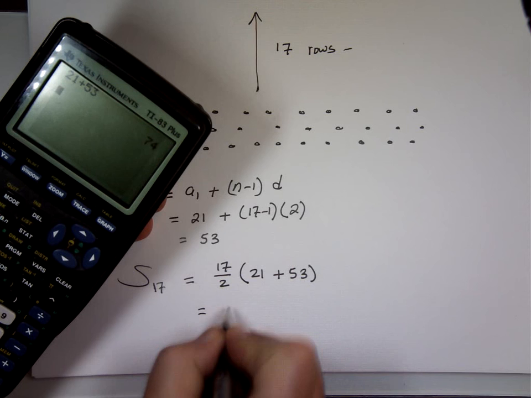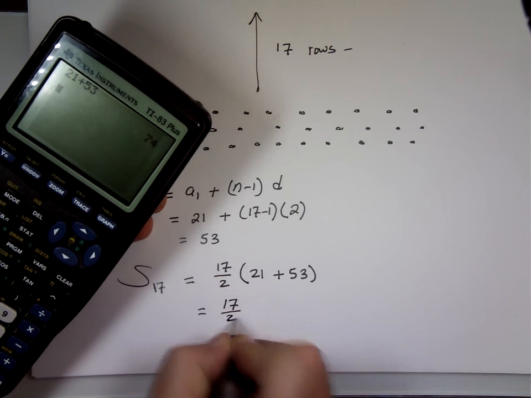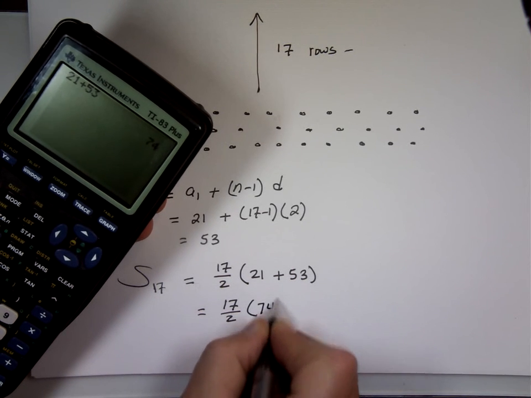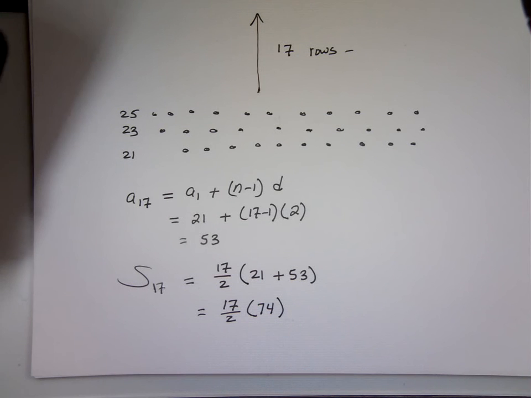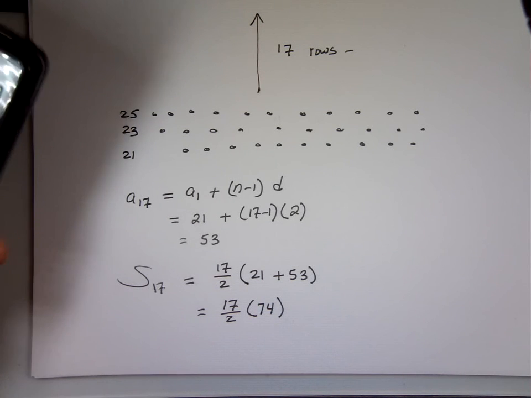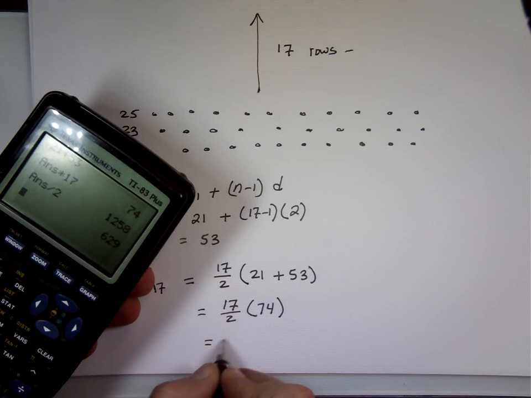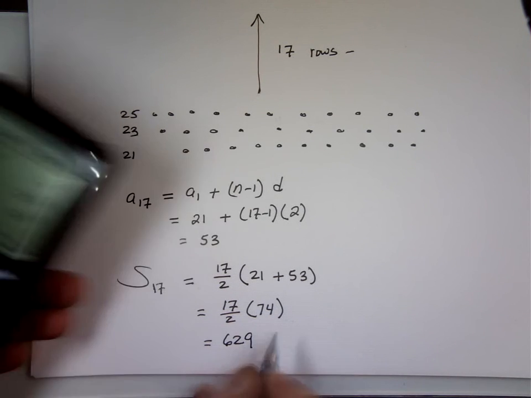So 17 over 2 times 74. Multiplied by 17, divided by 2. That farmer has 629 Christmas trees planted.